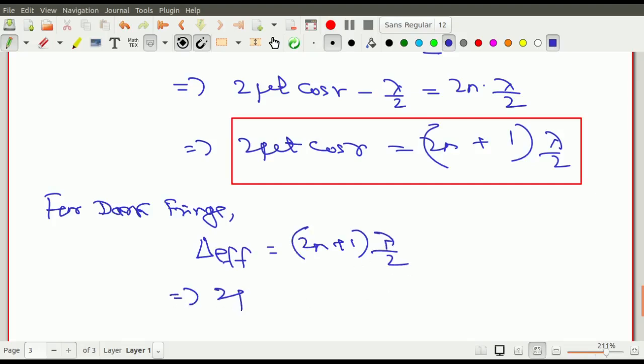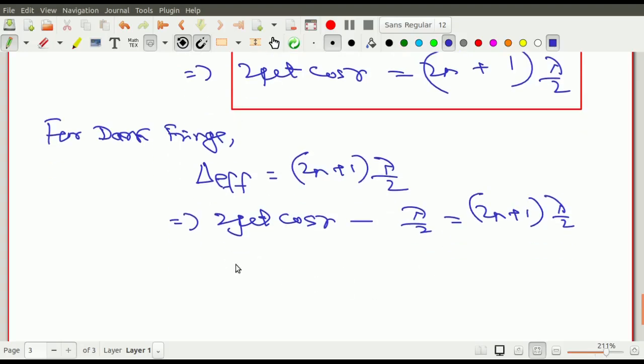So this time it is twice mu t cosine of r minus lambda by 2 equals twice n plus 1 into lambda by 2. So that actually gives me 2 mu t cosine of r, so 2n plus 2 চলে আসছে না, এটা 2n plus 2 into lambda by 2.